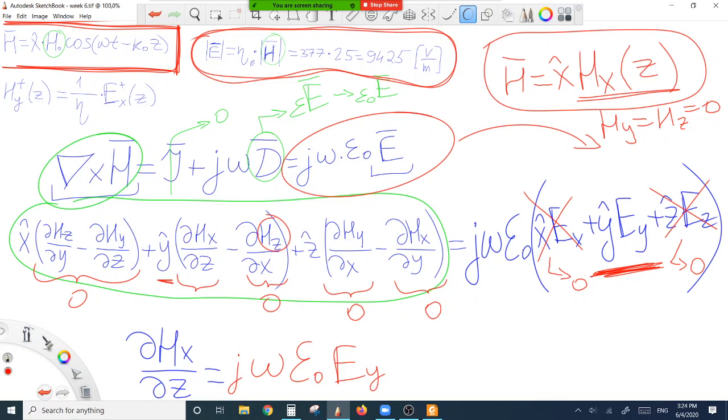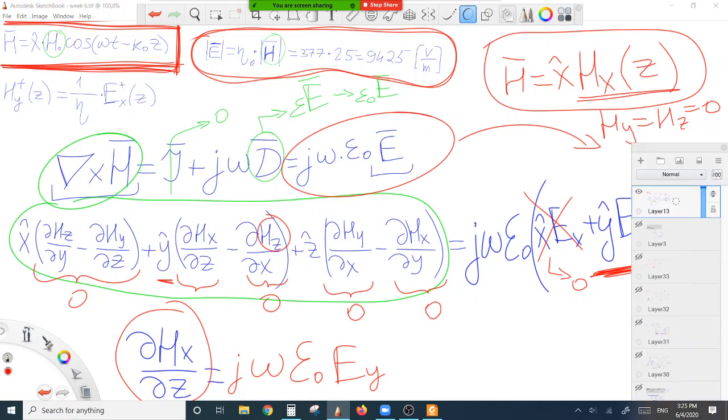So in order to calculate this expression, the derivative of Hx along z, first of all let's write our expression for H in phasor form.